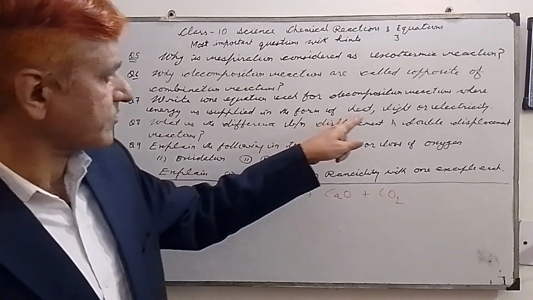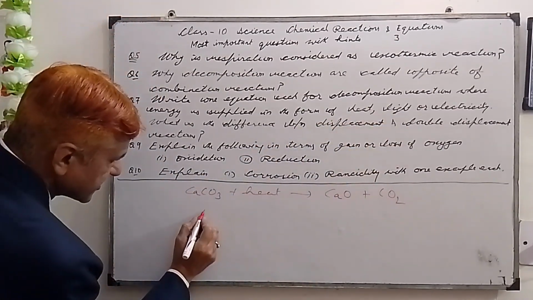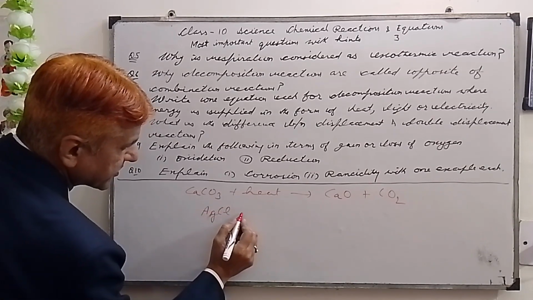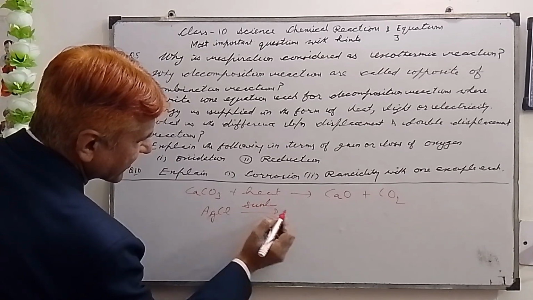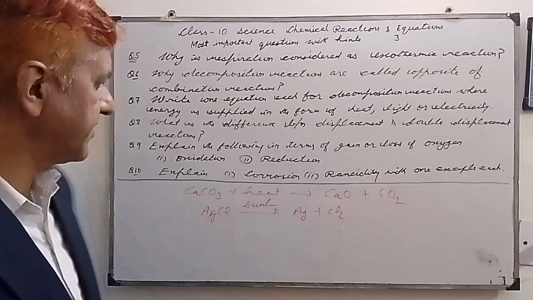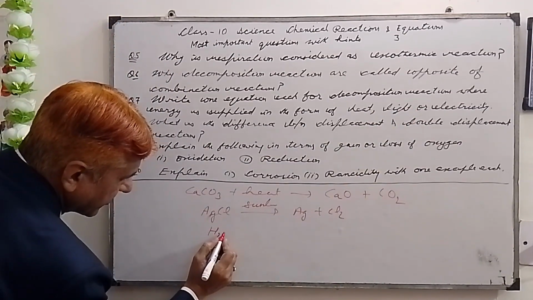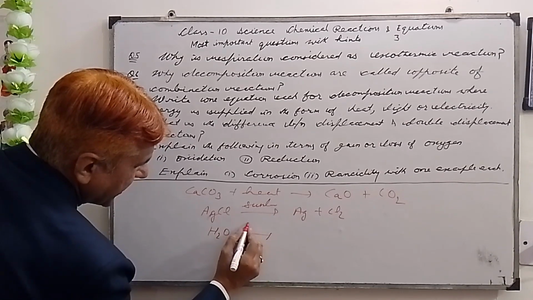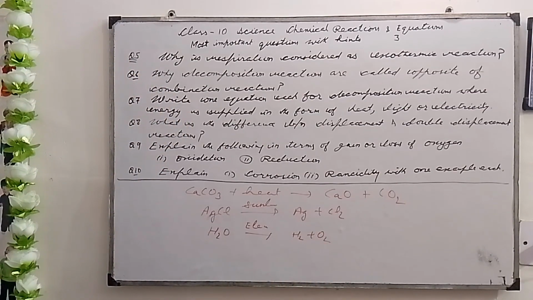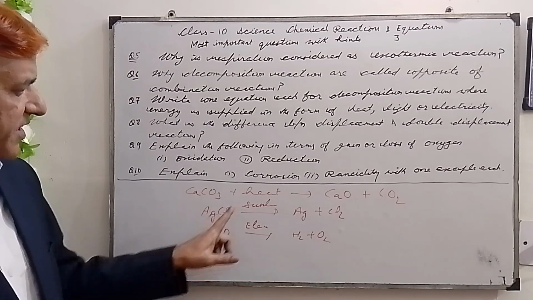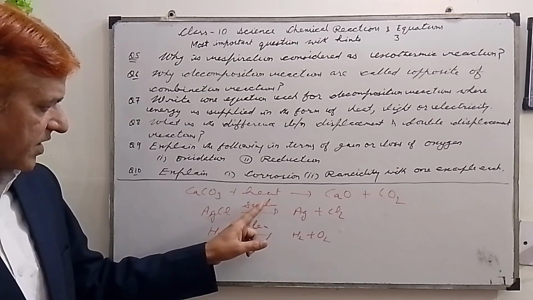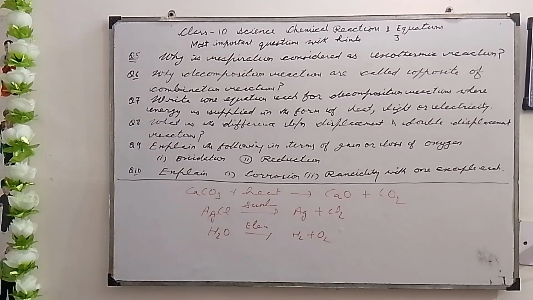Then light, for example, silver chloride in sunlight gives silver plus chlorine. Then electricity, electrolysis of water, gives H2 plus O2. My dear students, these are all decomposition reactions, where in the first heat is required, in the second sunlight is required, in the third electricity is required.